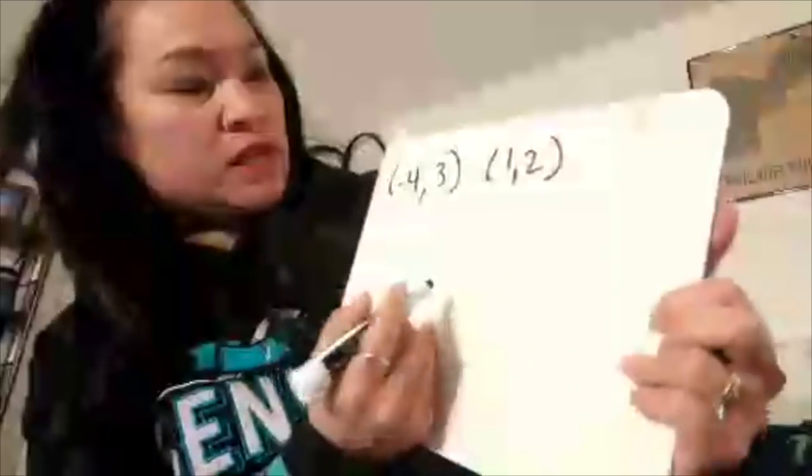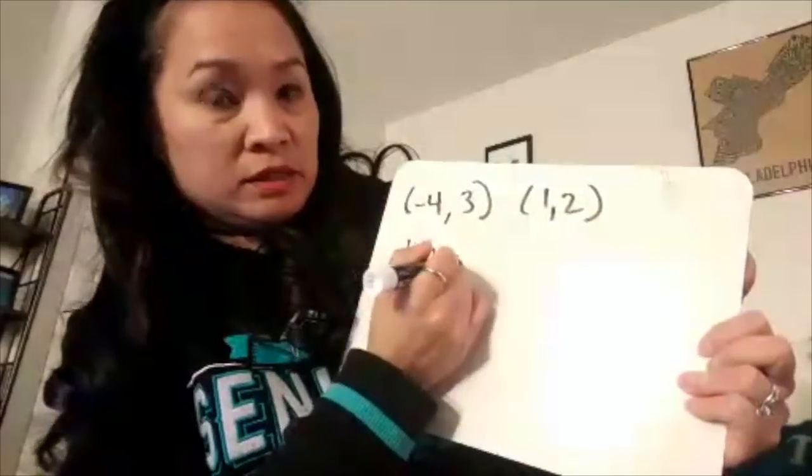Slope. Correct, good job. So in example 1, there are 3 lines. We're gonna look at the blue line and the red line. Looking at the blue line, the points that are there are -4 and 3, and 1 and 2. If you remember, how do we find the slope for this line?